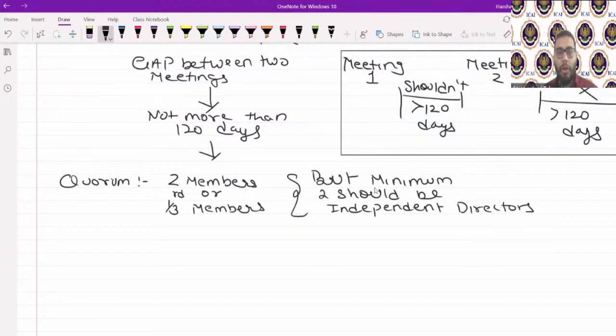So when I say quorum of 2 members, these 2 members should be independent directors, or out of the 1/3 it should be independent directors.